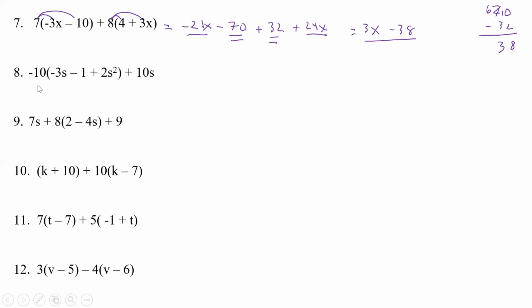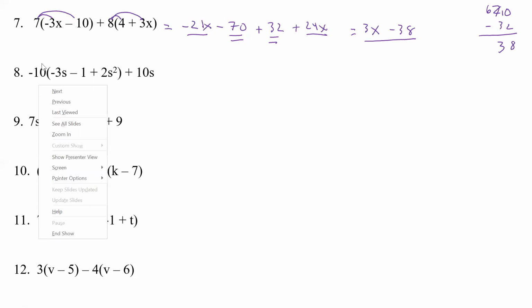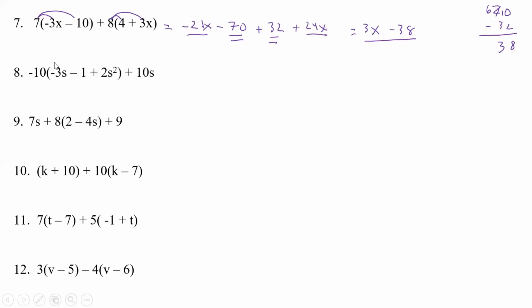All right, so now we're going to take negative 10 times negative 3 times negative 1, and then we have plus 10s. So negative times negative is positive, 10 times 3 is 30s, negative times negative is positive, 10 times 1 is 10, negative times a positive is negative, 10 times 2 is 20s squared, and then plus 10s, okay?